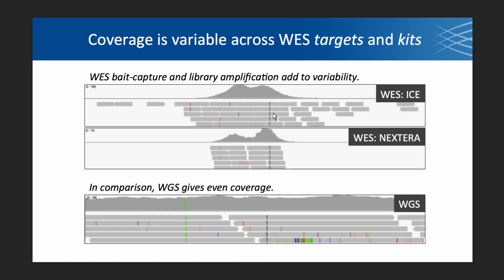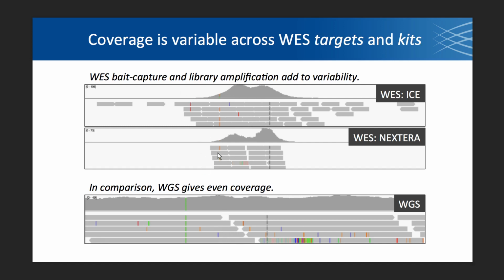Well, if you take different sequencing technologies, you'll see that coverage is variable for whole exome targets and kits. And here I'm showing two, ICE and Nextera, versus whole genome sequencing, PCR-free here. What you can see is that the coverage charts, which are at the top of each box, are different.